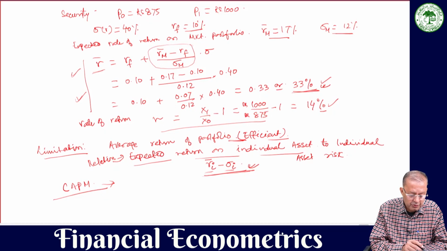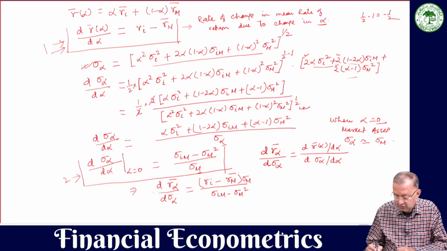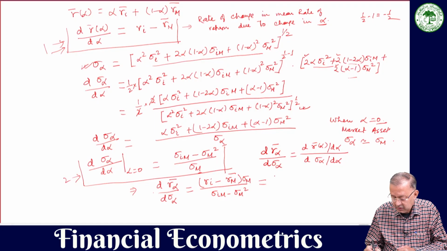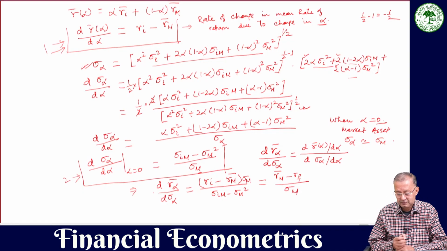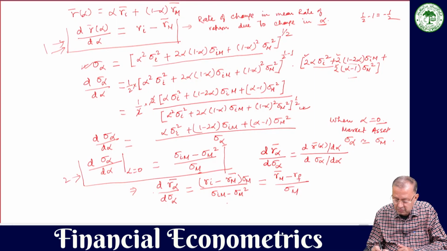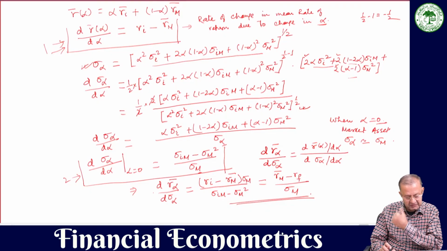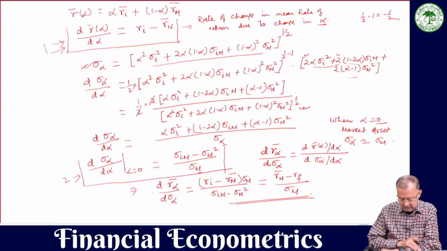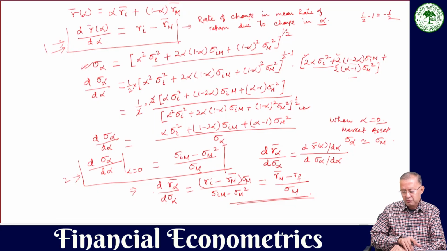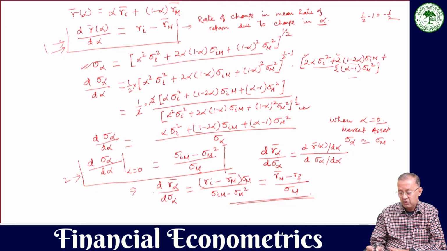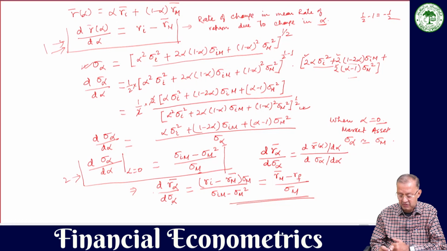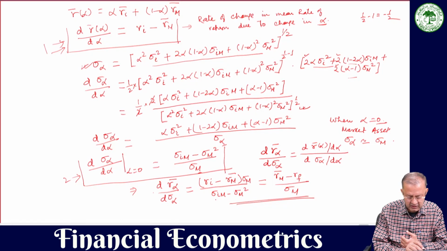So these two slopes should be equal. This should be equal to Rm bar minus Rf upon sigma m. Clear? Now we rewrite this equation again on the next page.